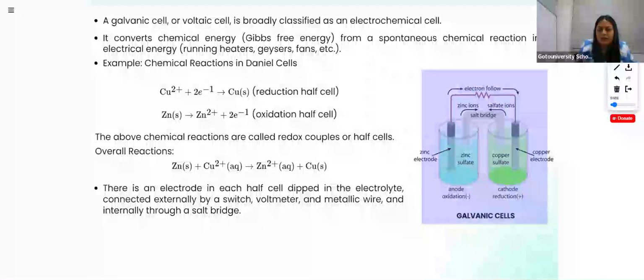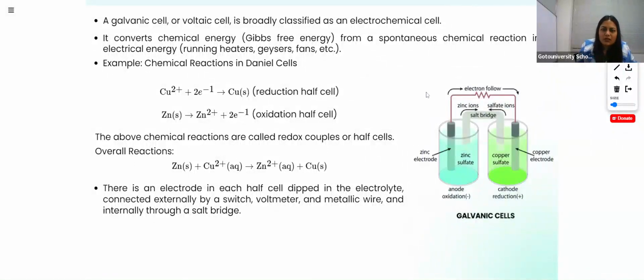Why do we call it a half cell reaction? Because it is the reaction occurring in one half of the cell. The reaction at this half of the cell is oxidation, and this half of the cell represents the reduction reaction. So how do we represent this cell?